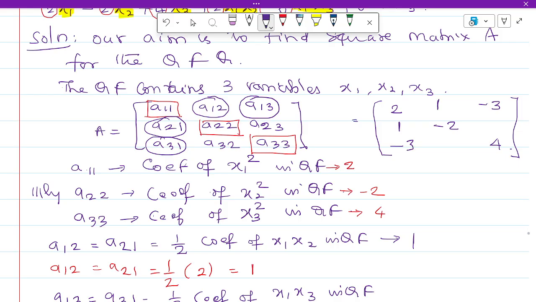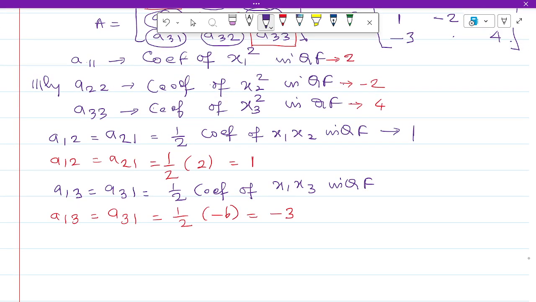Only the remaining positions are there, that means A23 and A32 position. This A23 and A32 position, can you guess this?